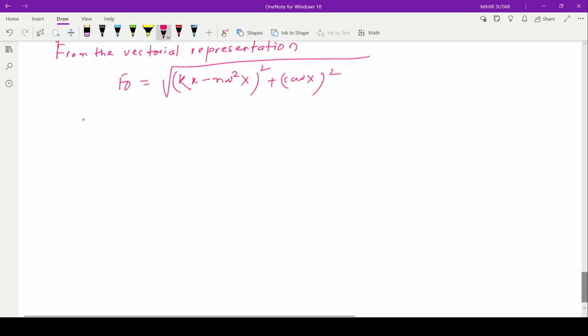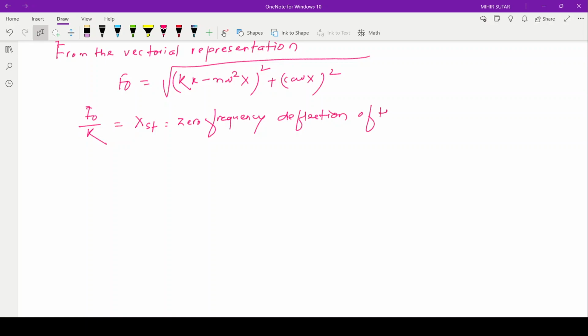And f0 by k is known as the zero frequency deflection. Okay, x delta st, that is zero frequency deflection of the system, and this is equal to x.